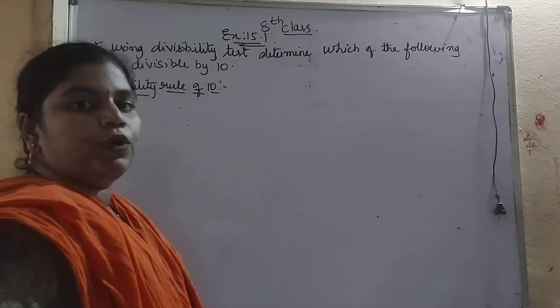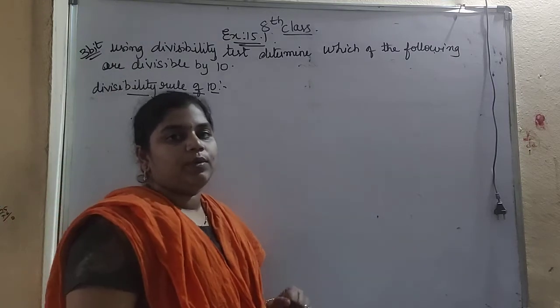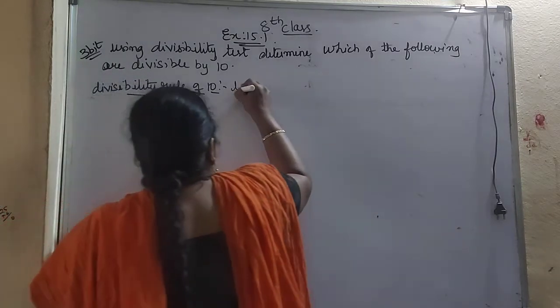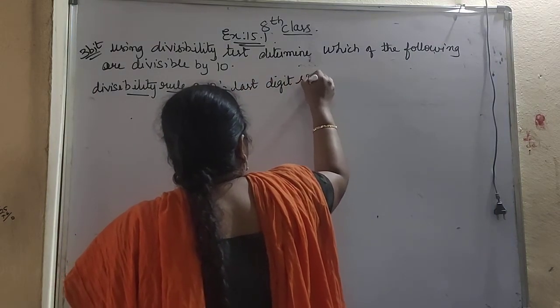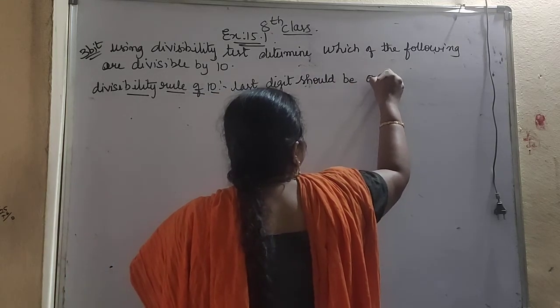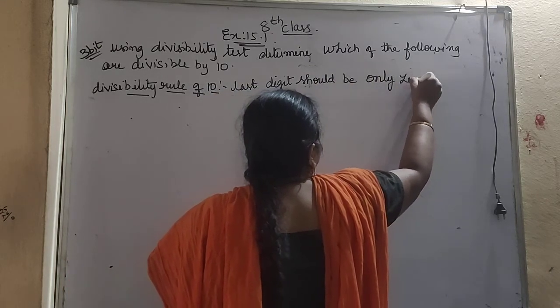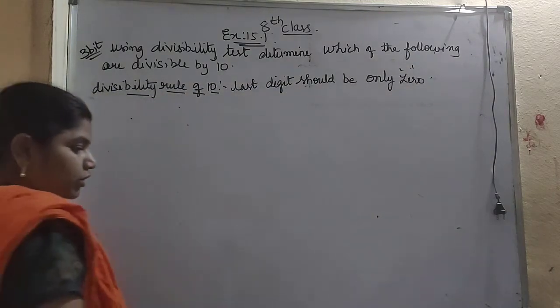Last digit should be only 0. Whenever the last digit is only 0, then only the value will be divisible by 10. Okay, so now we will start the questions here.